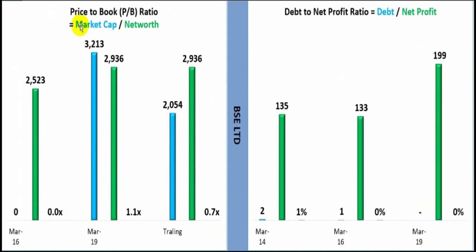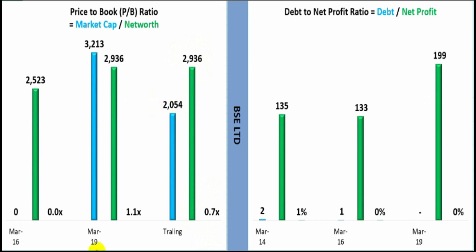The valuation ratio price to book compares the market cap of the company with its net worth. Here we see the recent 12 month or latest price to book ratio stands at 0.7 times, which is a discount that we are getting on the net worth. That is, the company's net worth currently stands at around 2,936 crores, whereas the market cap has gone way below that at 2,054 crores.